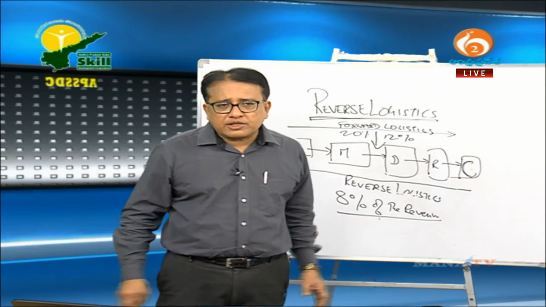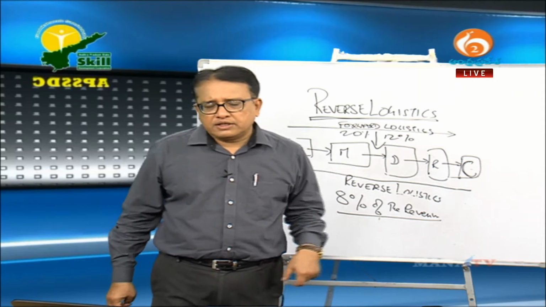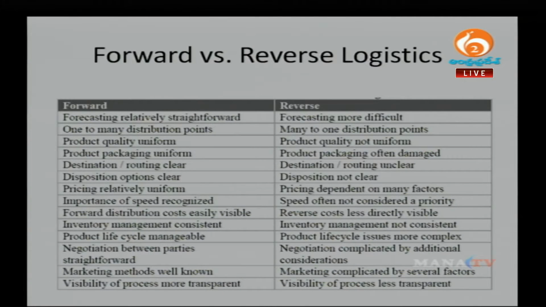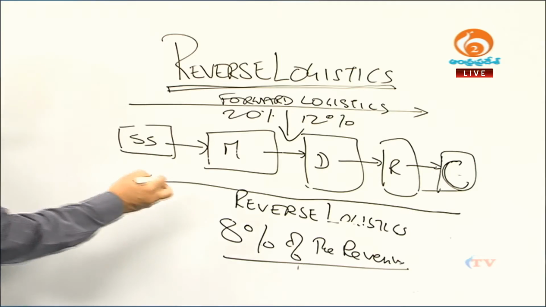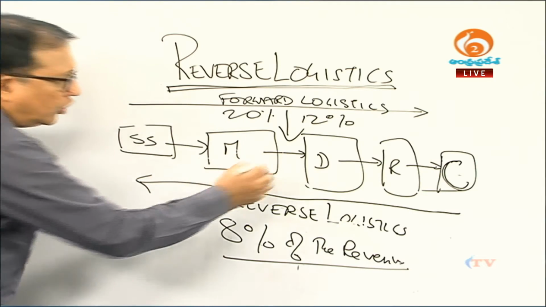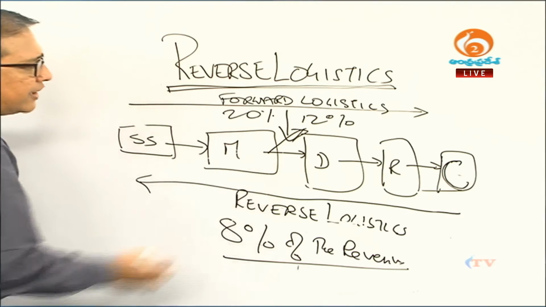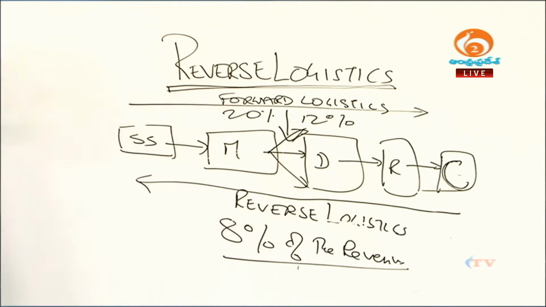Let us go back to the slide again and read the other ones. So, forecasting is one, very difficult. One to many distribution points, many to one distribution points. Product quality is informed, product quality not informed. Next two. So, very funny, if you just see over here on the board. A manufacturer can send his product to many distributors.